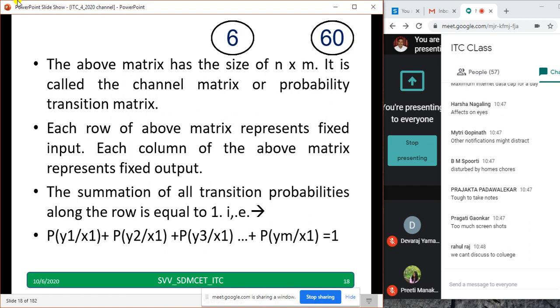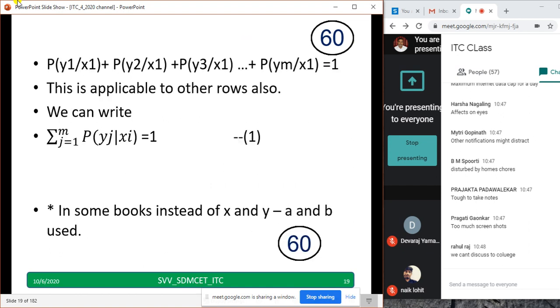Similarly, whatever I have taken is just for one line, the first row. It is true for the remaining rows also. Means I can write the second row, third row. This is applicable to other rows also. Therefore, in general, I can write the summation over j equal to 1 to m of yj given xi equals 1. This is true for first row, second row, third row. Therefore, in general, I have written it. In some books, instead of x and y, a and b are used.